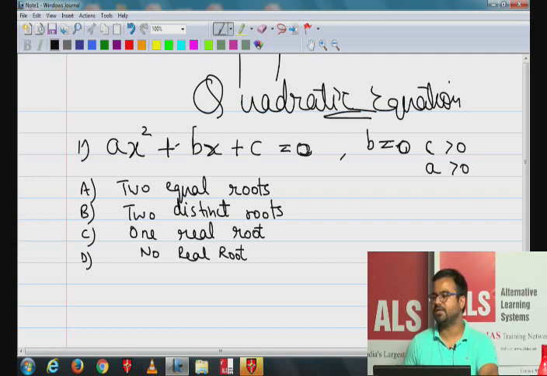But which logic are you using? Any other answer? Itanagar, Shillong. Okay, yes, by finding the discriminant. With the help of the discriminant, we can say whether it will have equal roots or real roots.